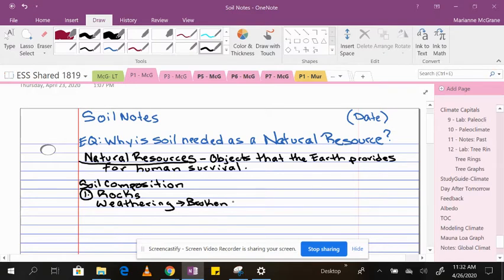So this would be broken rocks into smaller pieces. It's very important. This will give the mineral content of your soil.